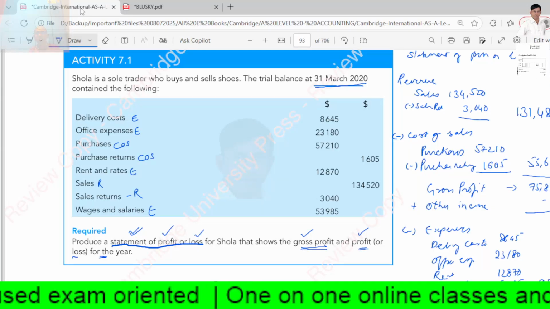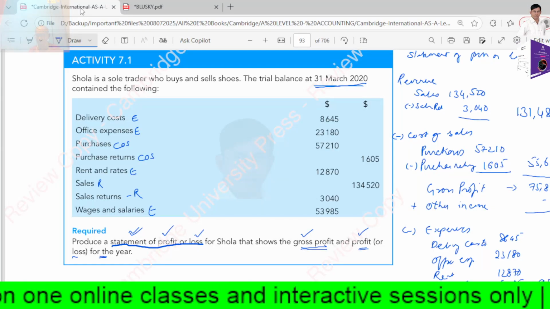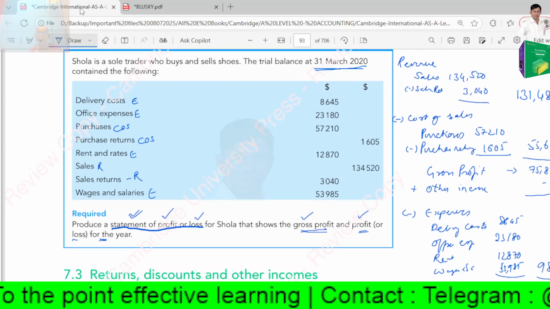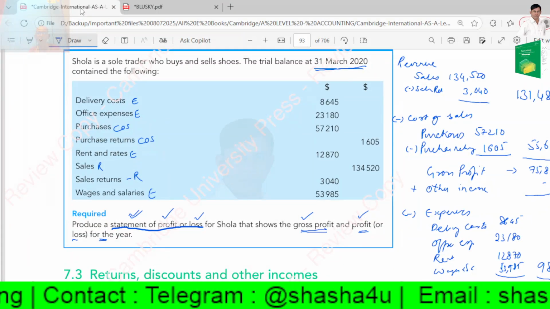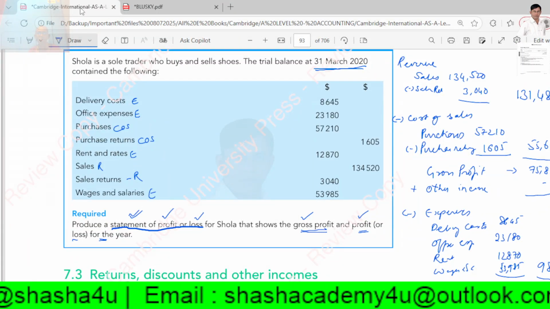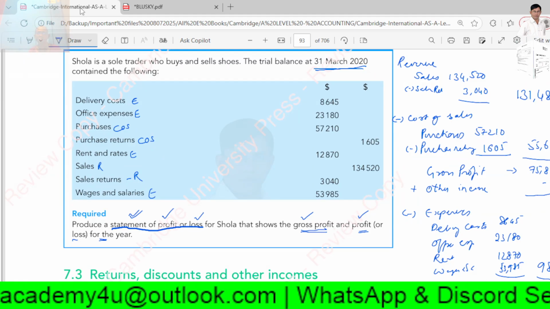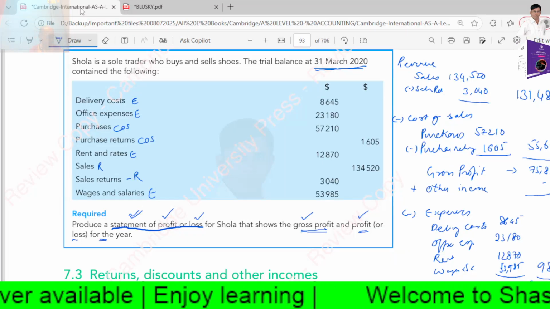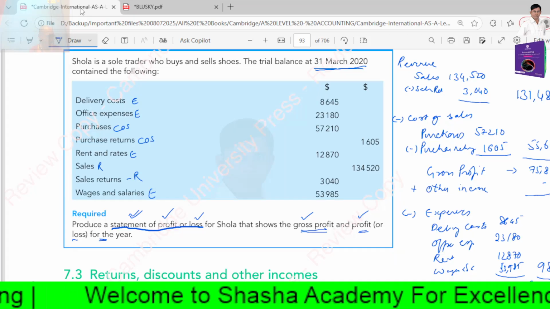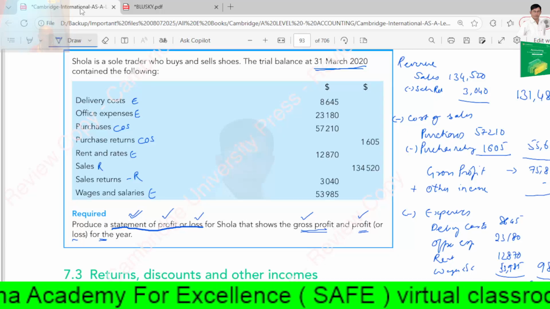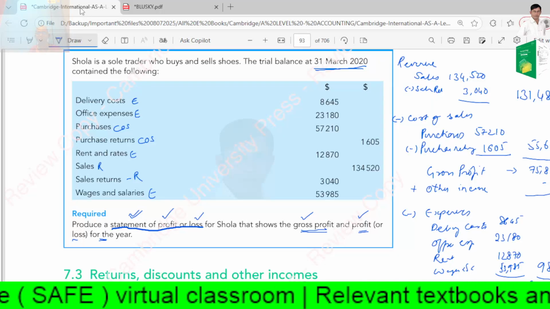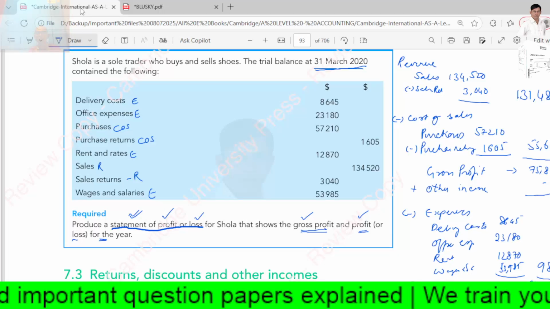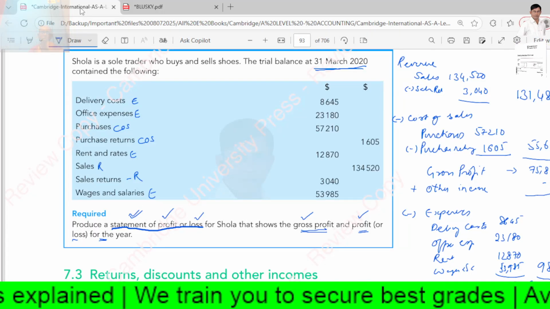So this minus this will give you how much? Loss, because expenses are more. So loss: 75875 minus 98680 is 22805. That's all. So that is the end.